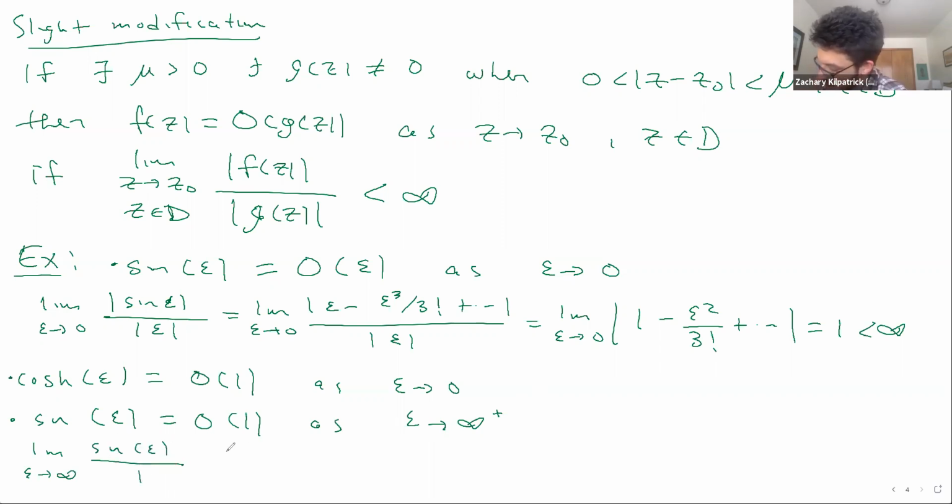So in this case, if we write this, this limit is not defined. But we can bound it essentially. So this would be bounded from above by the limit as epsilon goes to infinity of just 1 over 1, which is going to equal 1, which is bounded from above by infinity.